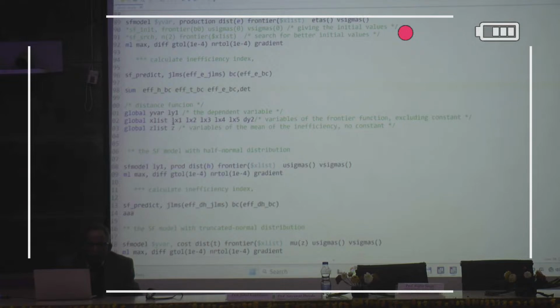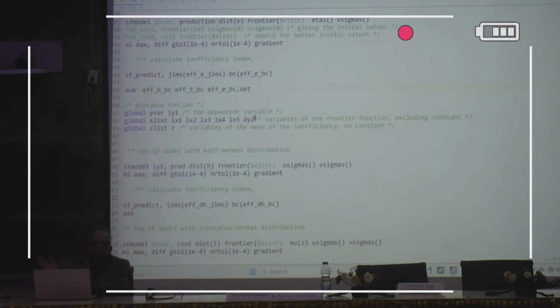So you have the X list. Here I changed that X list. You have LX1 all the way to LX5, five different inputs, and see that dy2. So what is dy2? It's log of y2 minus log of y1. You can go back and look at the definition of this. This is kind of like y tilde, the notation that I introduced.